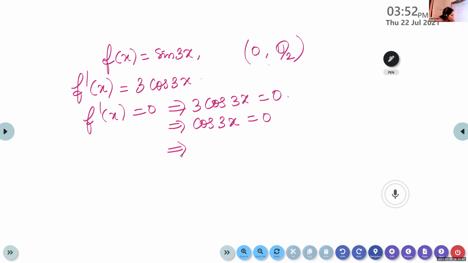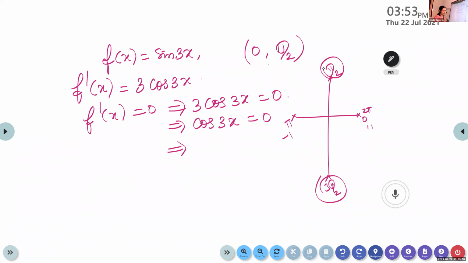Cos 0 is 1, isn't it? Cos pi is minus 1, again it will become 1 at 2 pi. But what about these 2 points, 90 and 270? At these points, it will become 0.